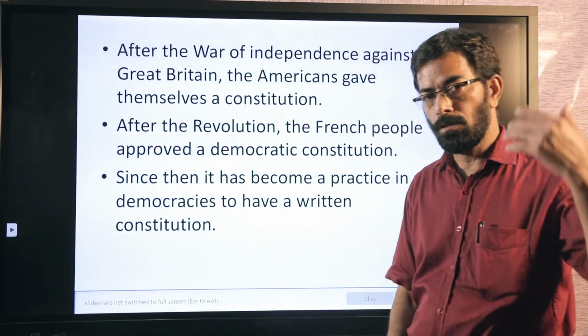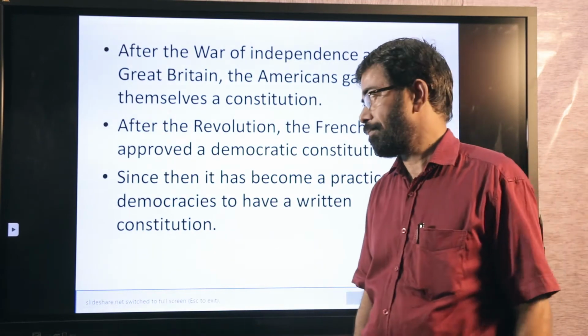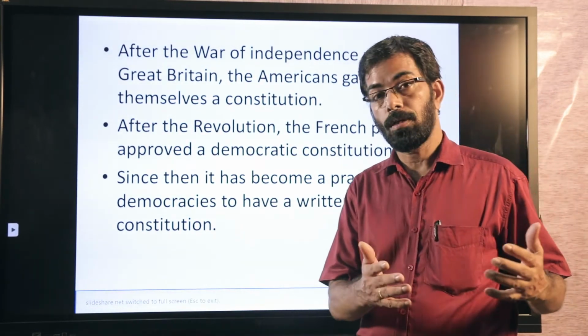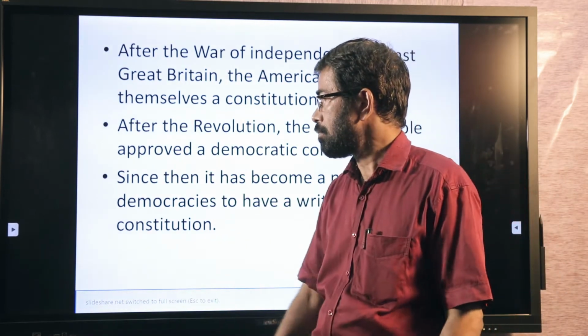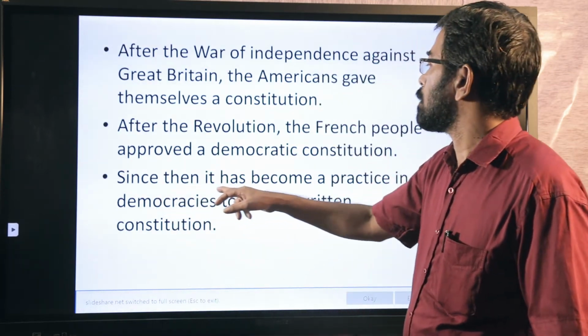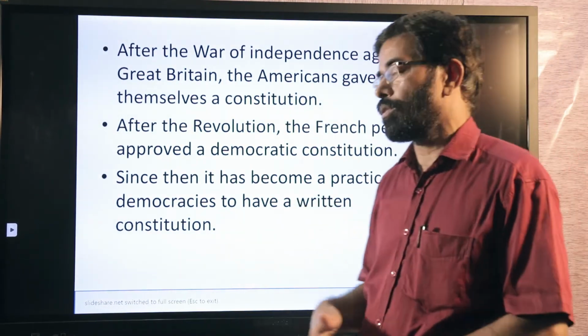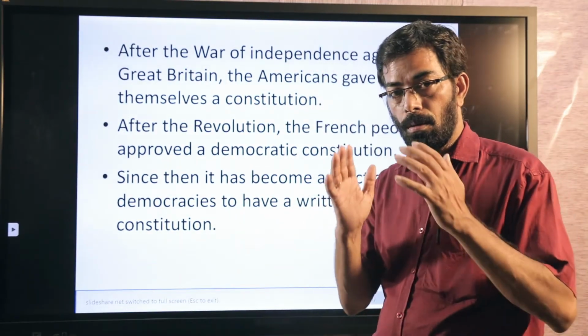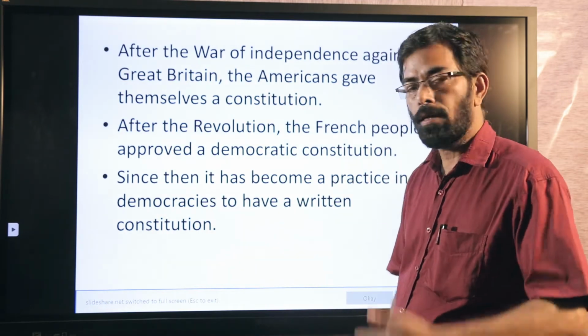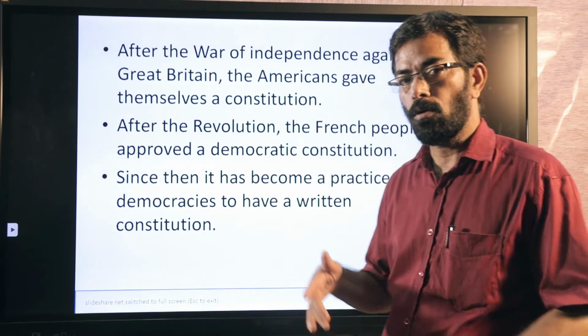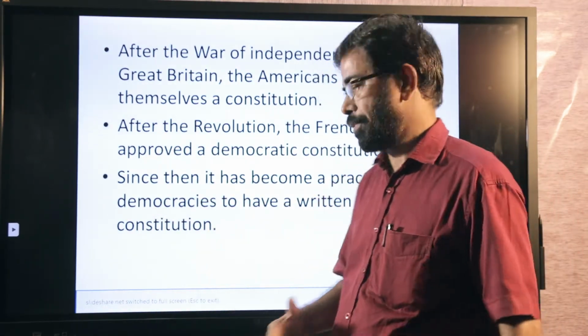We know that after the French Revolution in 1789, the French government also adopted a constitution. Since then, it has become a practice in all democracies to have a written constitution. Following this model, other countries also adopted constitutions in their own respective countries.